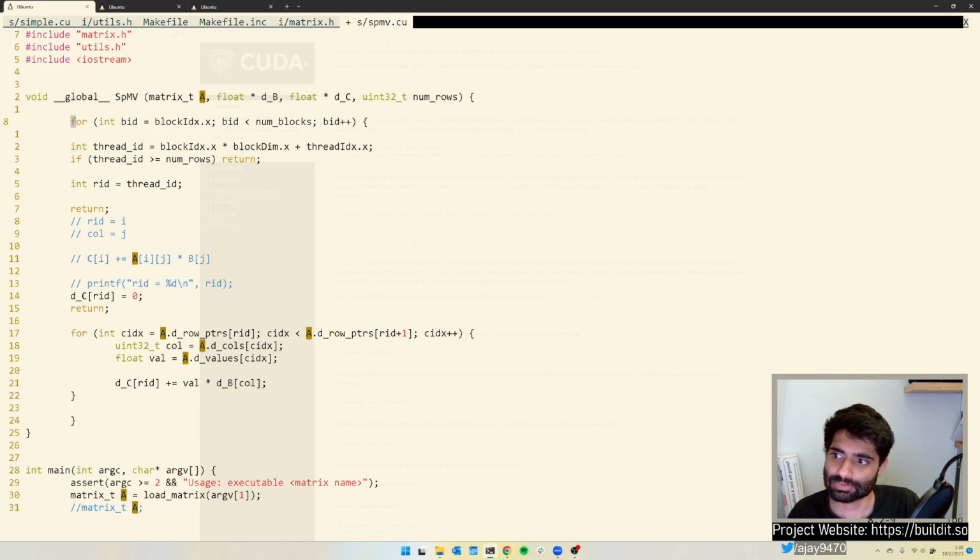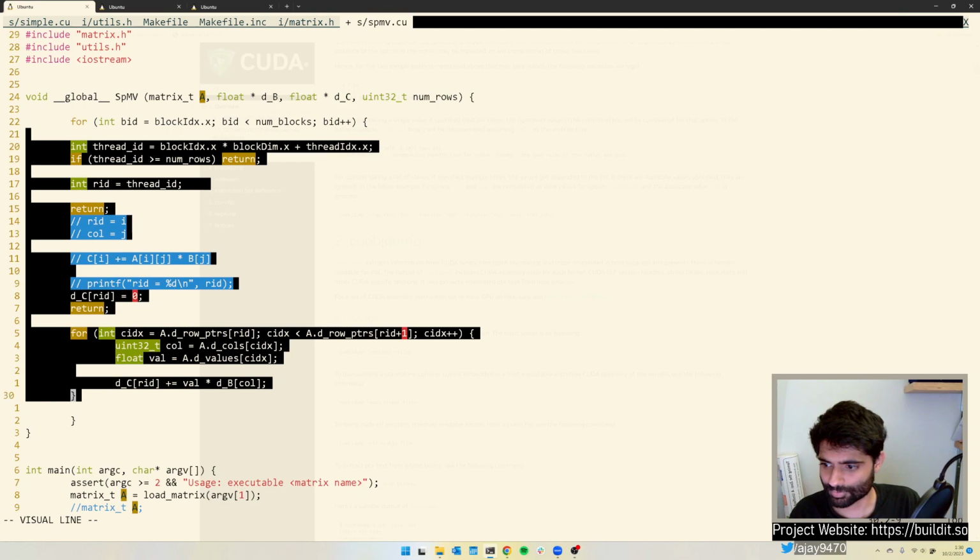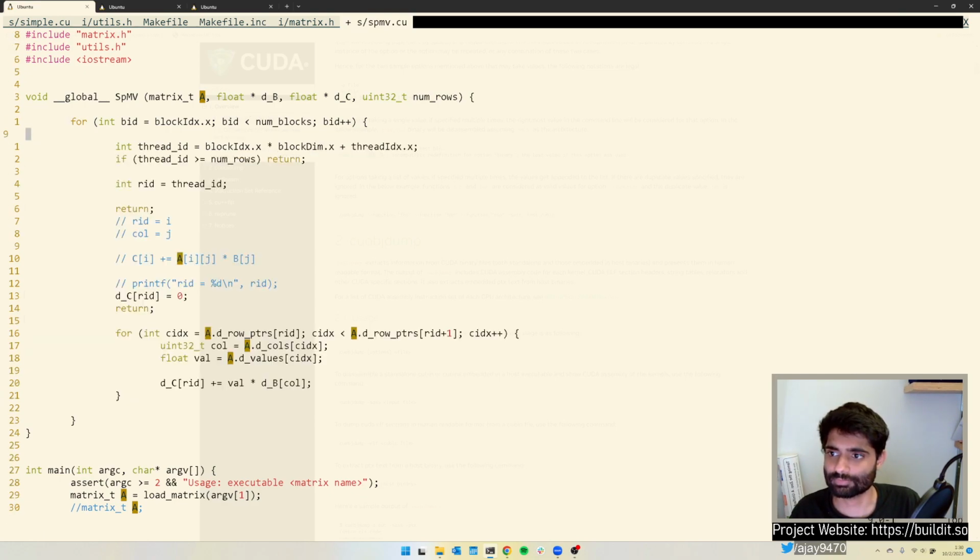And inside this, I'm going to use the sort of virtual block ID, which comes down here.